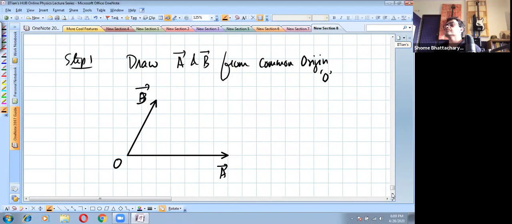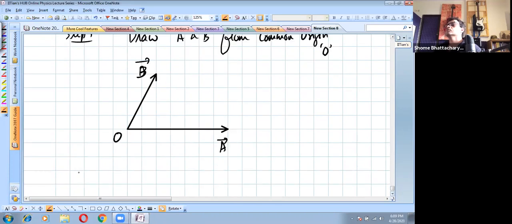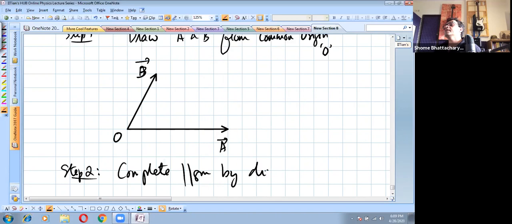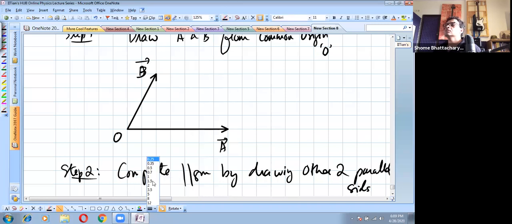Okay. Then step two, complete the parallelogram by drawing the other two parallel sides. So this we can now even do without drawing vectors. We can just draw two parallel sides.